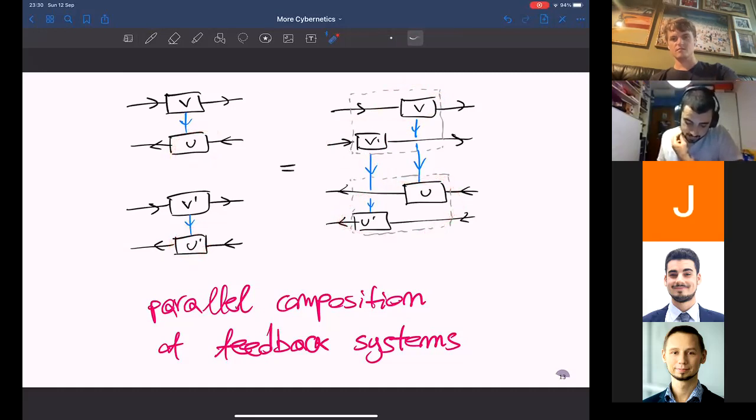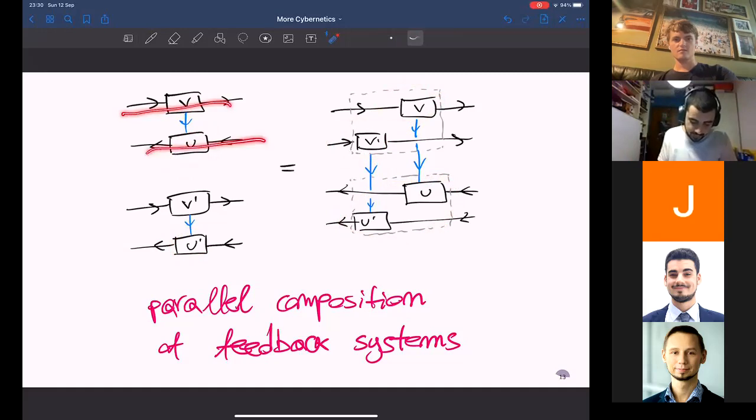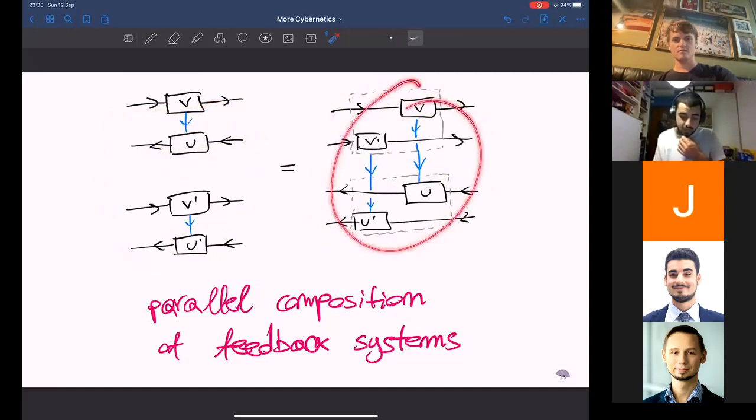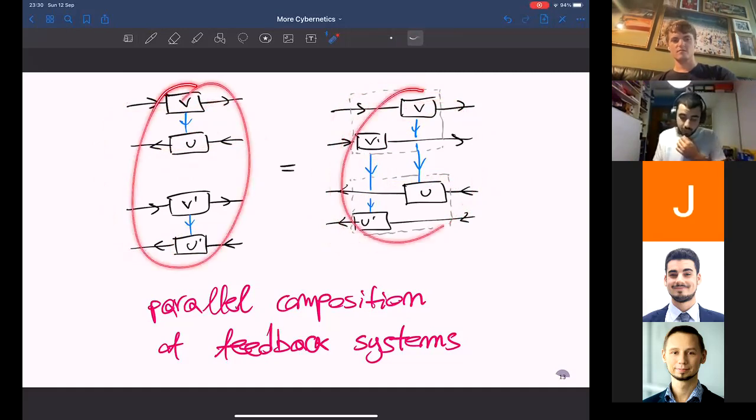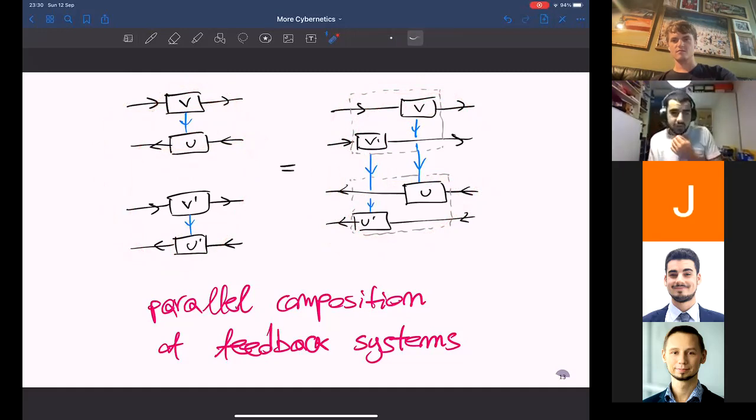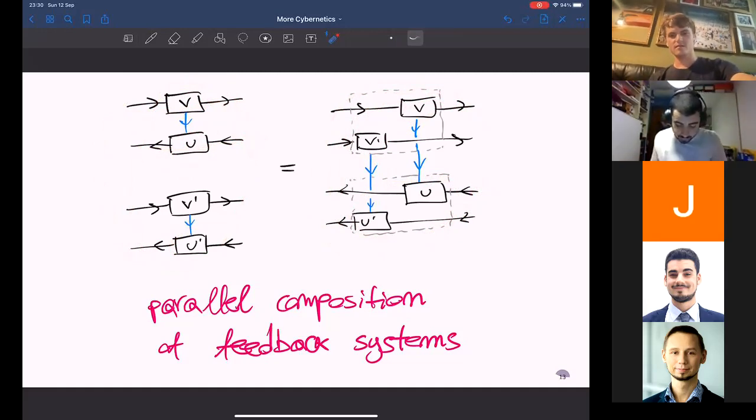But if you follow the paths of information, you see that what's happening here is exactly what's happening here. I'm just repackaging these two optics into one composite optic, but it's exactly the same thing as the thing on the left. And again, this models parallel composition of feedback systems more or less by definition, because they look so much the same.